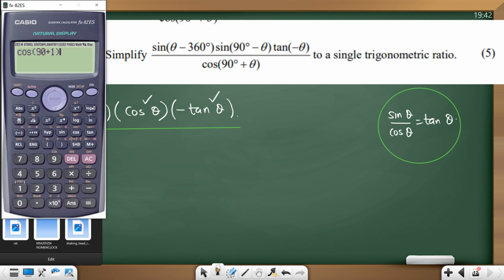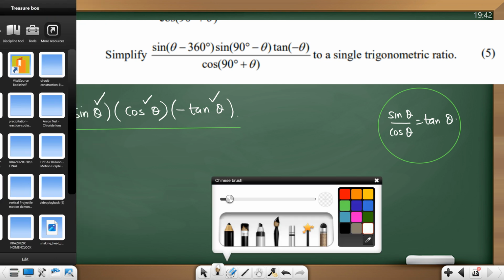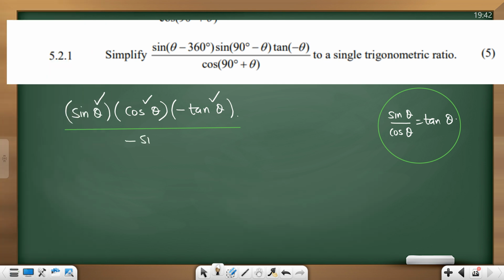Cos 90 plus 1. Oh, it's a negative. And because it's a 90, yes, I am changing. Negative, it becomes negative sine theta. I have my mark number 4. Can you see that out of 5, I'm already sitting on 4? Without stress.